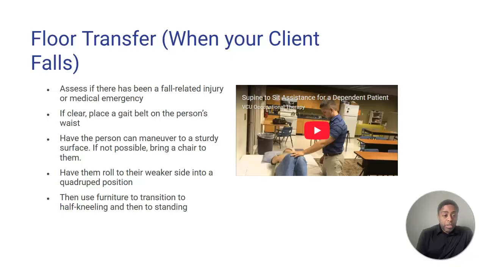Now, when that happens, the first thing that you want to make sure is that you follow your facility's procedure to alert the proper medical team. You yourself, together with the medical team, will assess the person to make sure that there aren't any fall-related injuries that have been sustained, orthopedic, brain injuries and things of that nature.